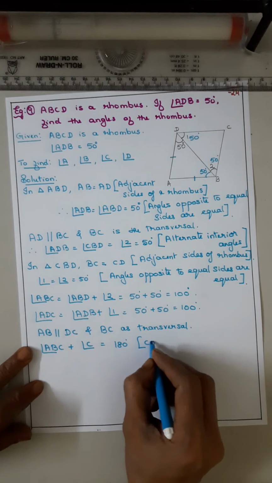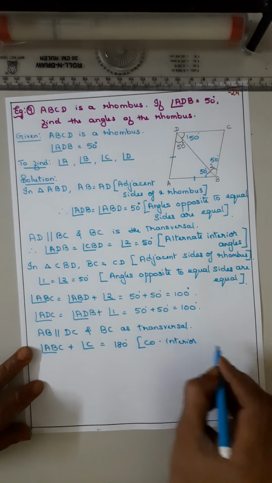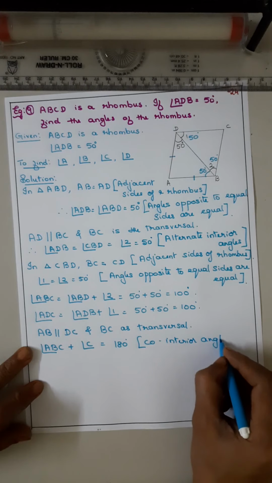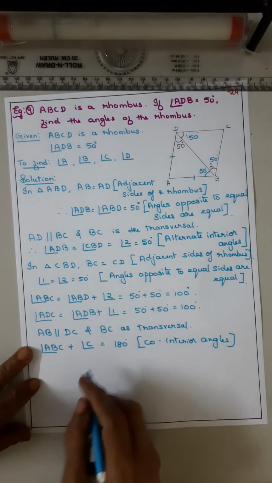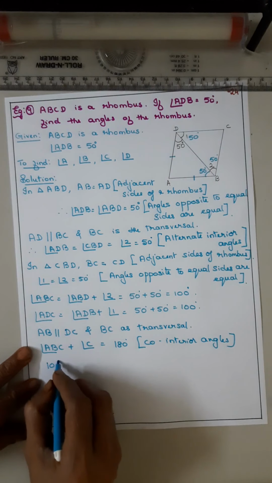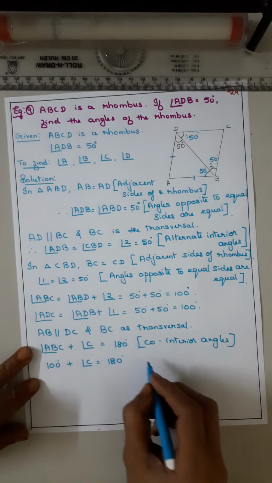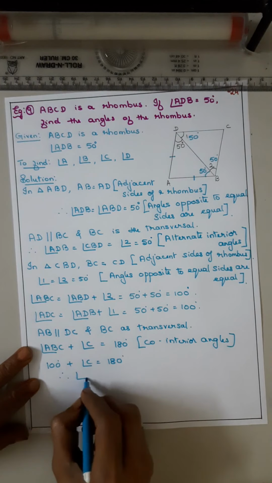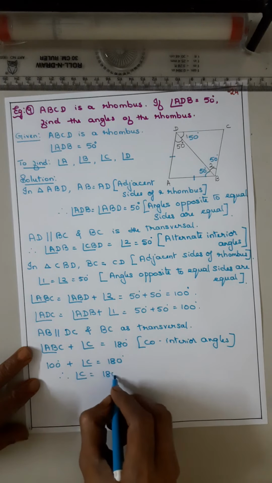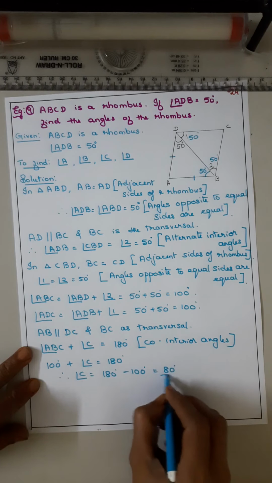Why? Co-interior angles. ABC, how much you got? It is 100 plus angle C is equal to 180. So angle C is equal to 180 minus 100, it is 80.